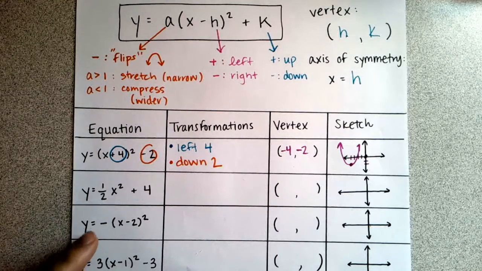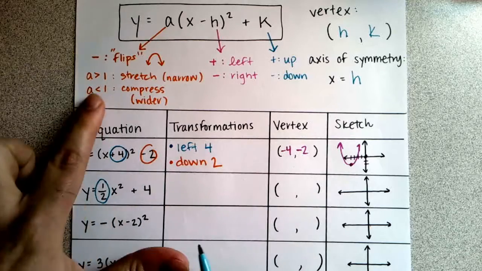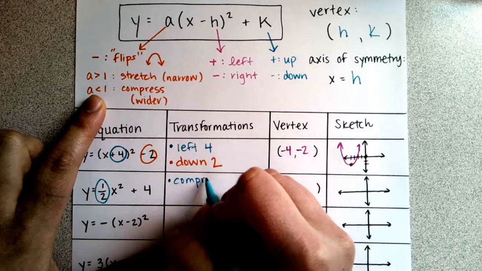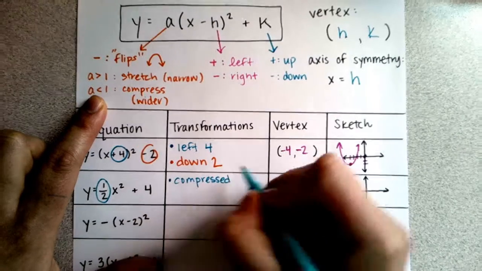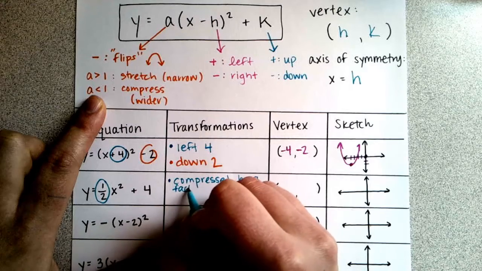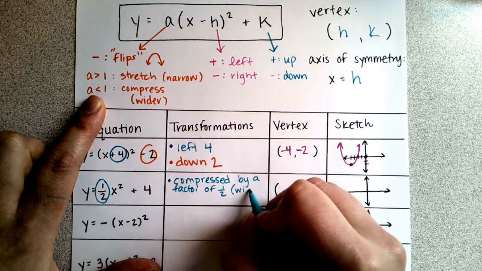Okay, in the next example, the 1/2, that's our a value, it's less than 1, so it is compressed, we say by a factor of 1/2. What that really just means is our graph is going to be wider.